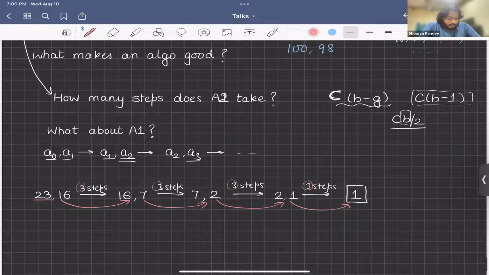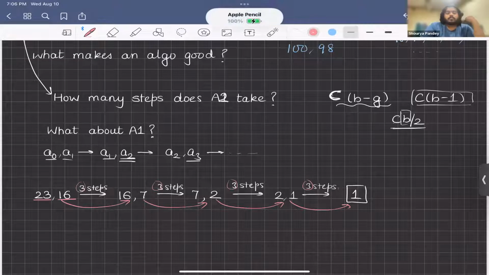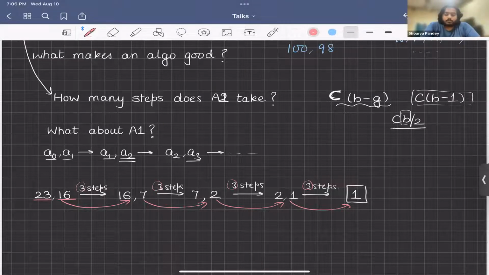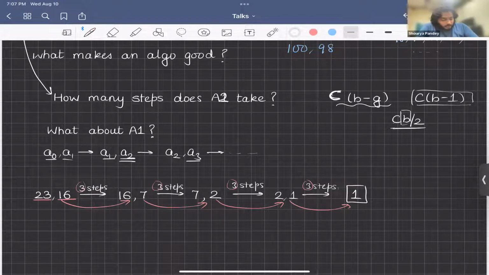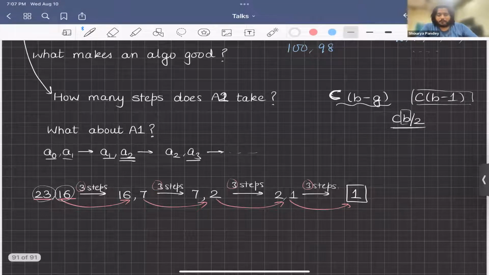So given A and B, can you find some sort of a bound on the number of steps needed? I'm not sure about a bound, but I guess it should be roughly logarithmic. Yes, you're right. It is roughly logarithmic in these numbers. Like for example, log 16 is 4.